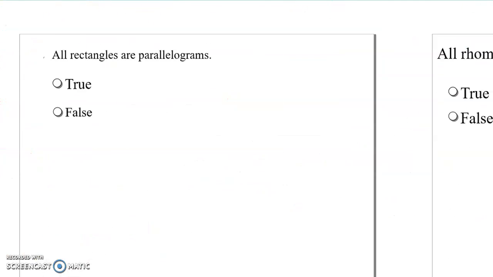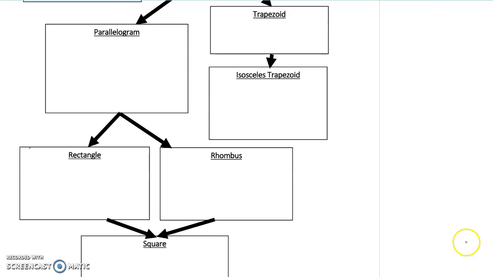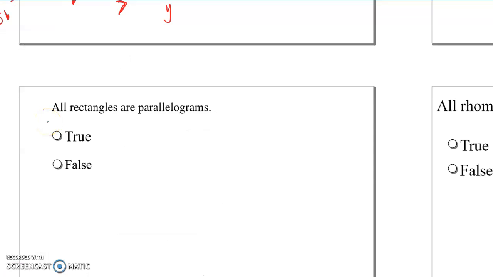So let's go down. Okay, are rectangles parallelograms? If I go back to the flow chart, is a rectangle a parallelogram? Always, always, always. Rectangles are parallelograms, that is true, always.